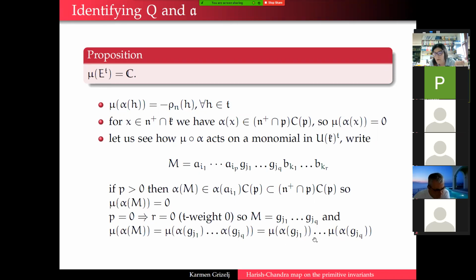And this guy is minus rho of G_j1. This guy is minus rho of G_jq. So in the end, we just have some products of rhos. Well, anyway, we get a constant. Exactly what we want.